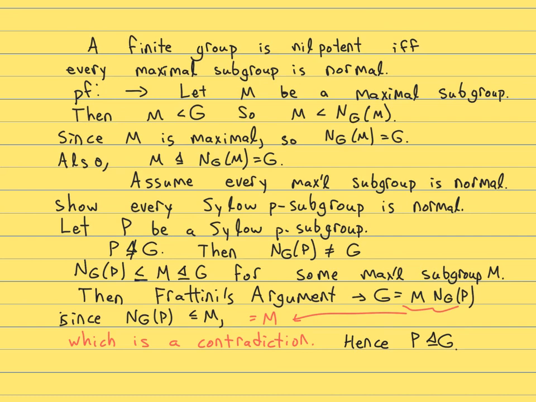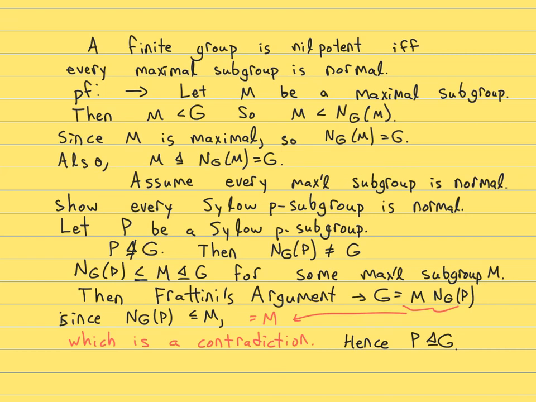But the key item for this contradiction argument relies on using maximality, a maximal subgroup containing your normalizer. And the only way to get a maximal subgroup containing your normalizer is to assume that the normalizer is not all of G. And so you have to do contradiction in this case.